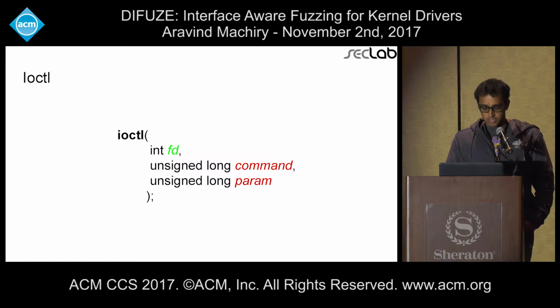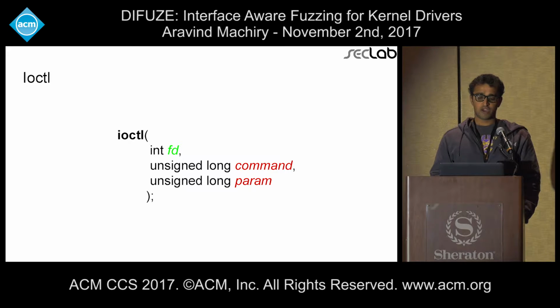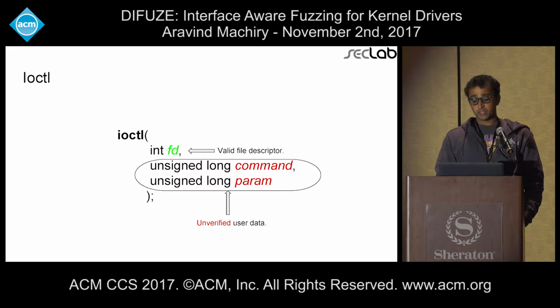This slide shows a simplified signature of the ioctl system call, where the first argument is the file descriptor, which has to be valid. The second two arguments are unverified user data, where no verification is done by the Linux kernel for these two values.